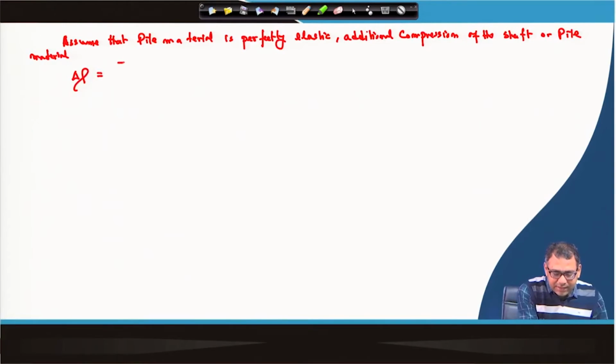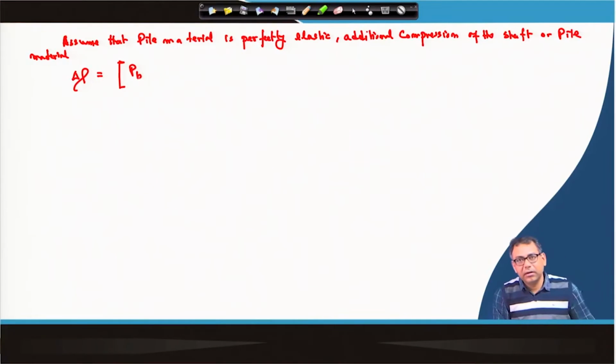As I discussed, the total base load is P b. During the full mobilization of the shaft resistance, the tip load which is transferred to the tip, we have to subtract during the additional compression of shaft calculation. So, how much is that load?